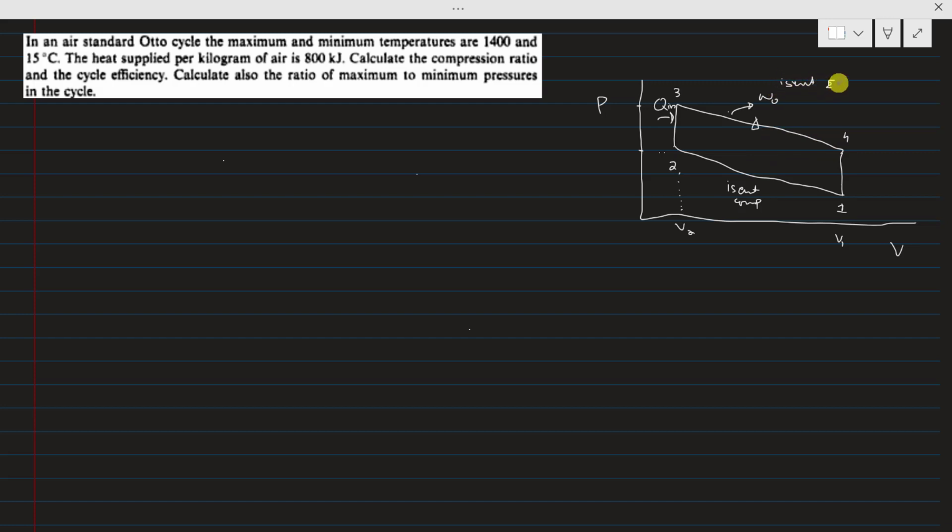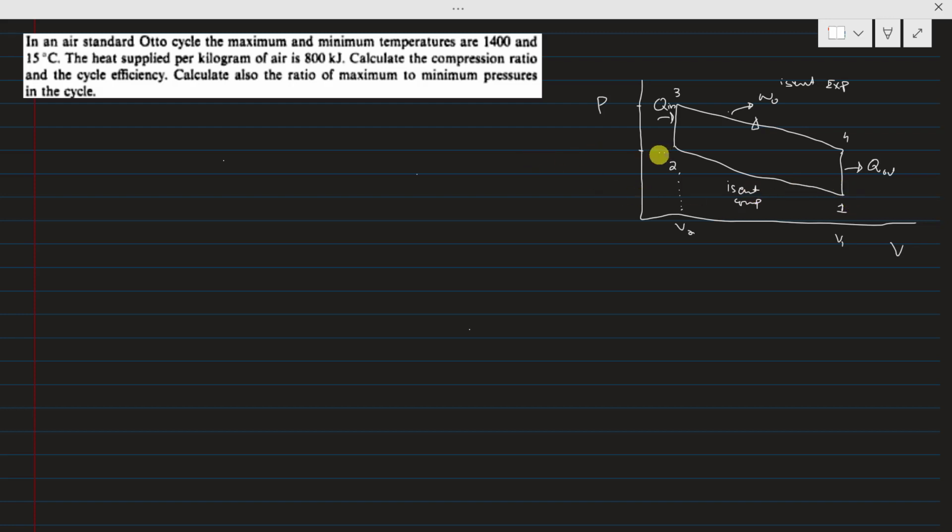Then 4 to 1 is Q out, which means exhaust. The Otto cycle, remember, works on the petrol engine. So for process 4 to 1, the heat rejection takes place, so you can say it is the exhaust process.